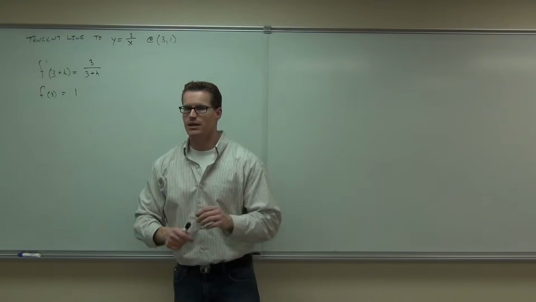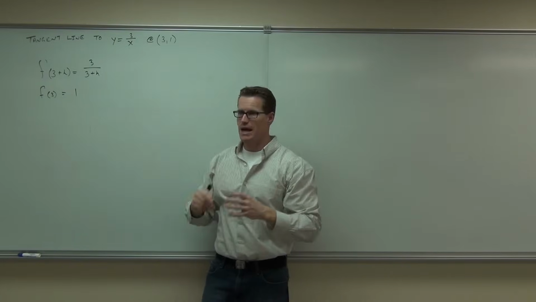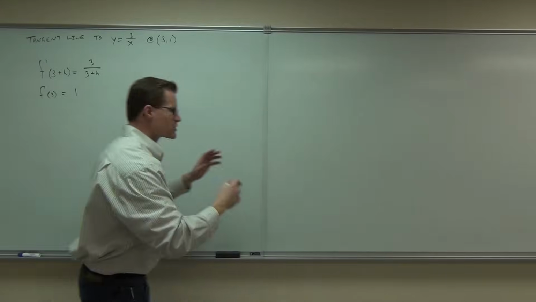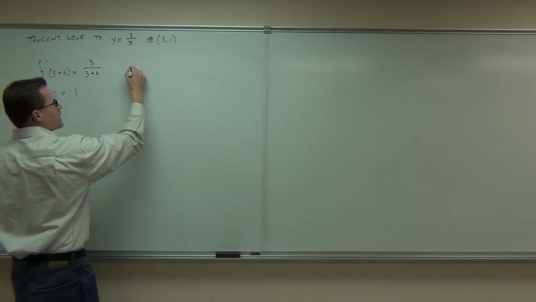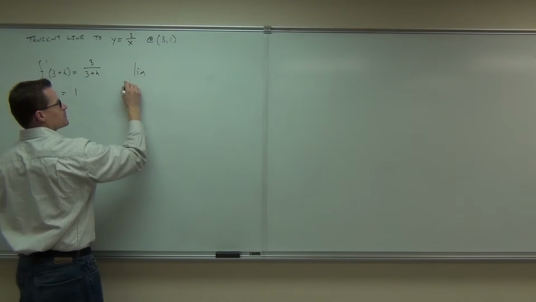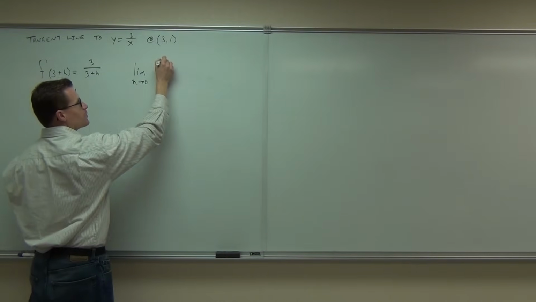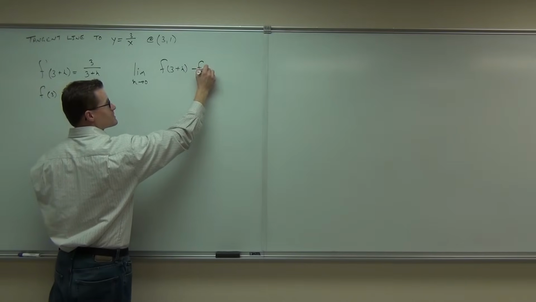In other words, letting one point get really, really close to this point. Therefore, we have a tangent line to that curve at that point. So we're almost there. We have our f of 3 plus h, we have our f of 3, and we're trying to find out, as h approaches 0, what this thing's going to be.